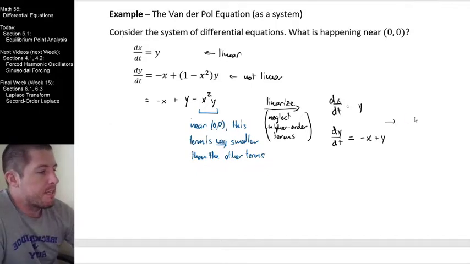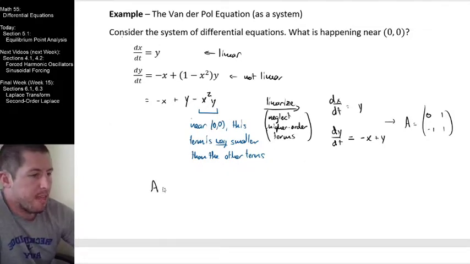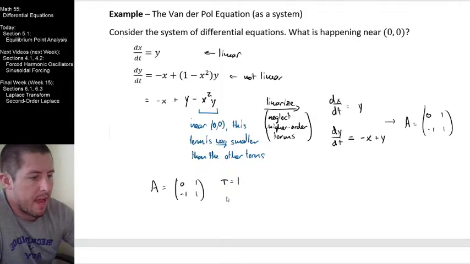So what we can see from this is we could form our general coefficient matrix of 0, 1, negative 1, 1. And what we learned from our trace determinant plane is that we could take this A matrix of 0, 1, negative 1, and 1, and compute my trace and my determinant. My trace is the sum of the main diagonal, it's 1. My determinant is 0 minus negative 1, which is positive 1.